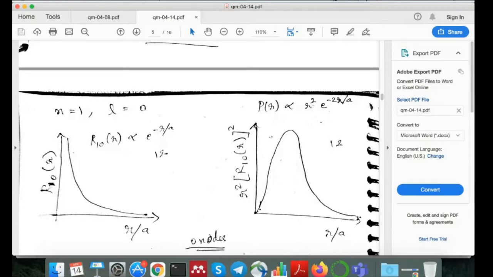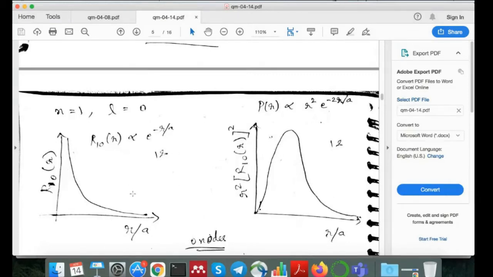For small r, it goes up, because the exponential function is high for small r and it is multiplied with r square. Then as r increases further and further, the exponential part takes over and it decays. So this is your probability density, and this is your wave function.